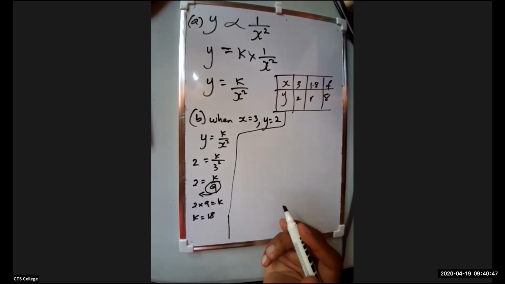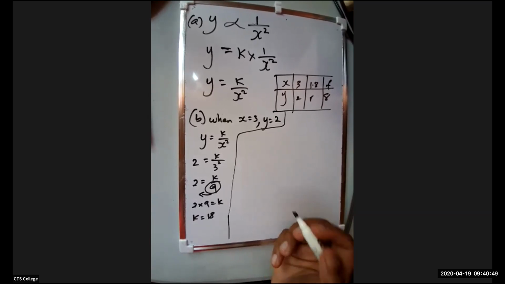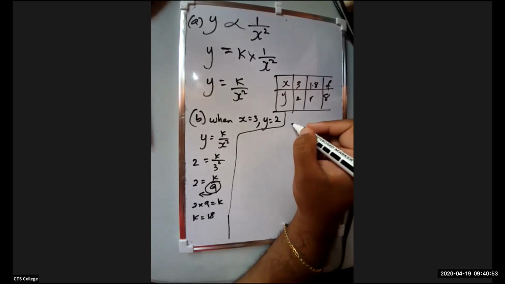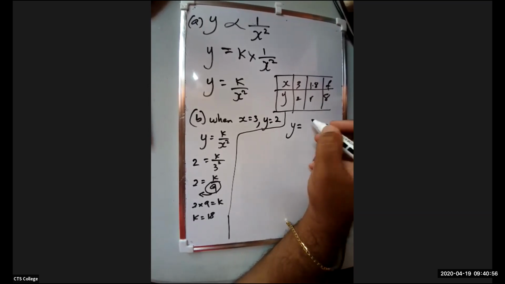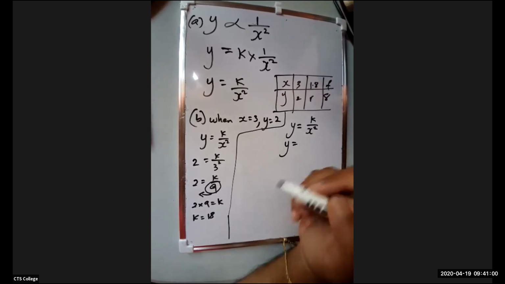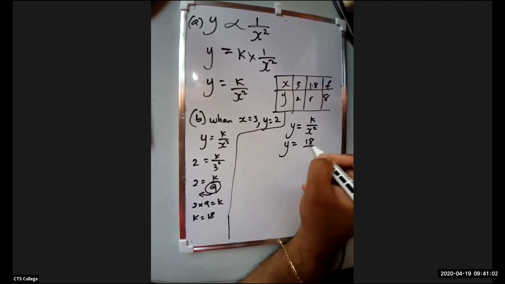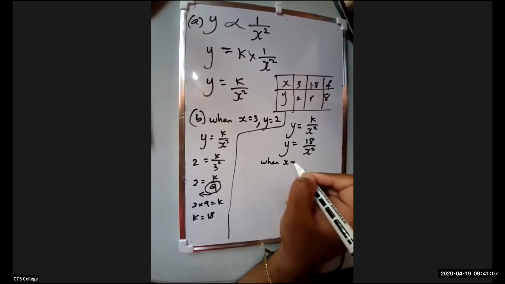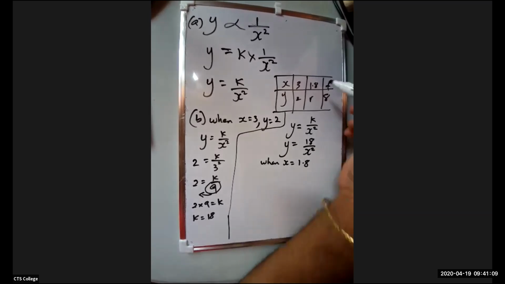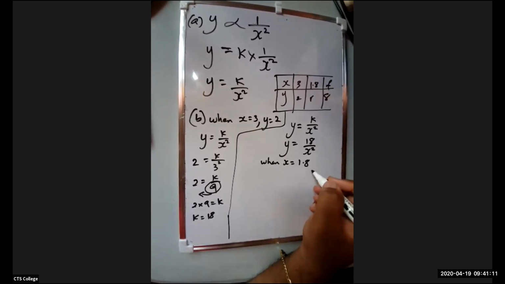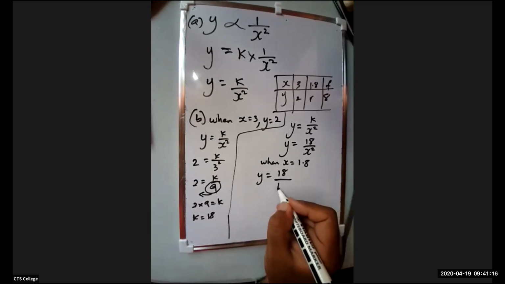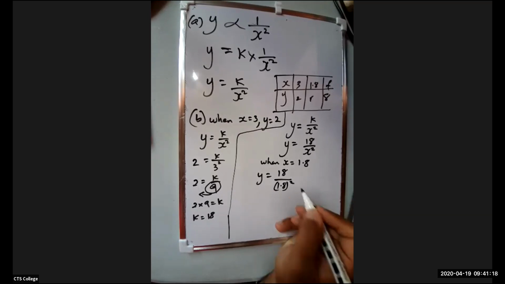So now we want to find out what y is. Since we know y is equal to k over x squared, and we just found out that k is 18, so 18 over x squared, when x is 1.8, which is here, y is equal to 18 over 1.8 squared.